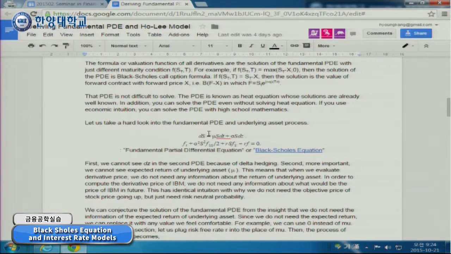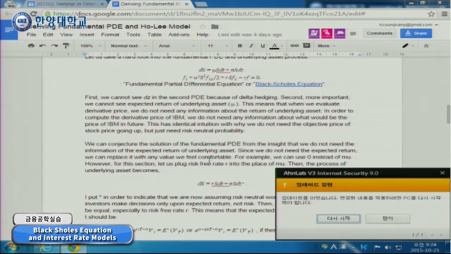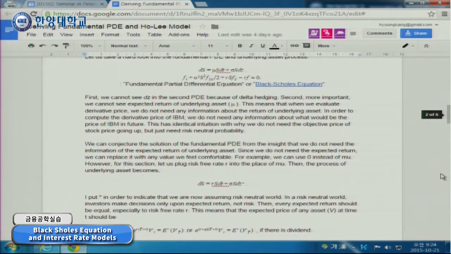This PDE doesn't depend on mu, so we plug in R, which means that every asset should generate the same expected return, the risk-free rate. So when we calculate the price of any asset, we can get the expected value under the risk-neutral world and discount it back at the risk-free rate. Then that is the asset price, and that should be the solution of the PDE.